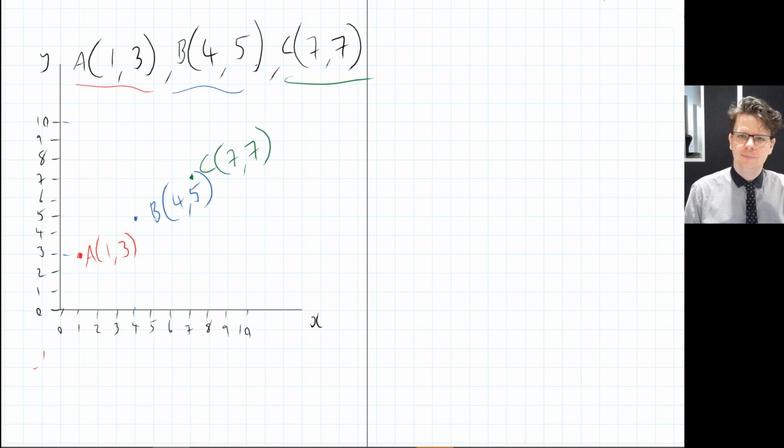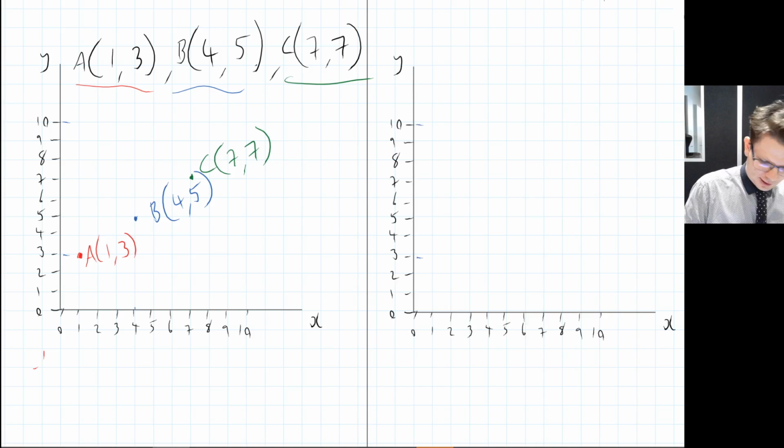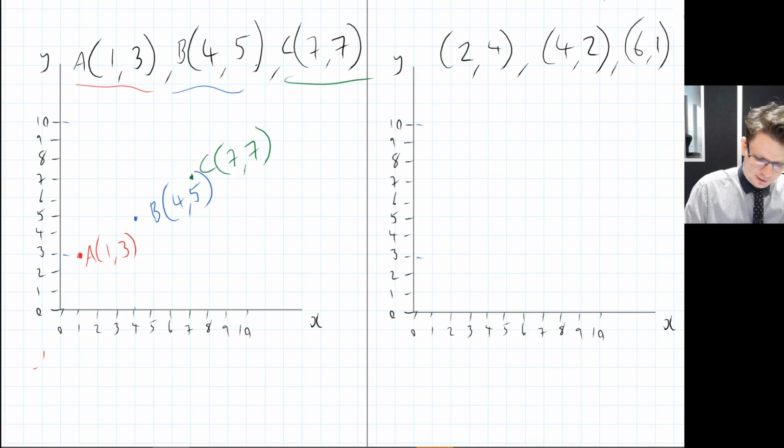Alrighty, I'm going to give you a few points, and I want you to see if you can have a go as well. So, draw up your axes, and I'll plot these points. So, your points are going to be 2, 4, 4, 2, and we'll have 6, 1. So those are your 3 points. Alrighty, have a go. Alrighty, so hopefully you've already had a go. Now we're going to go through them. So 2, 4, 2 across, 4 up.